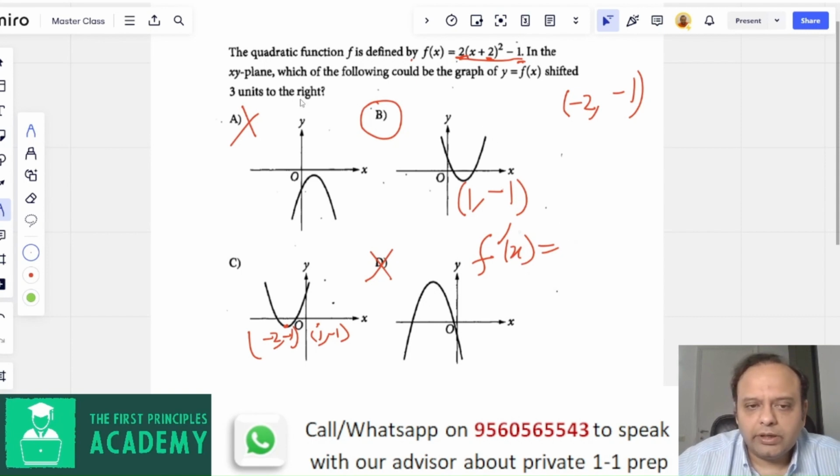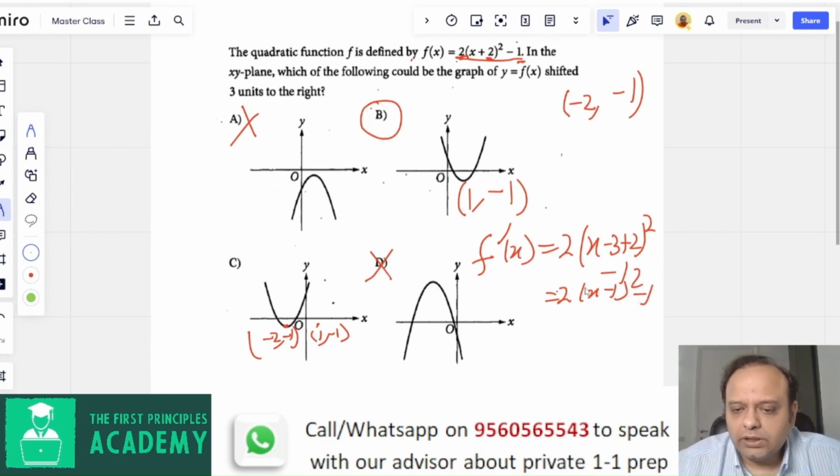And if you remember, if you want to shift a function 3 units to the right, you're basically going to do x minus 3, right? So this would have become 2 times x minus 3 plus 2 whole square minus 1. Everything else remains the same. This resolves to 2 times x minus 1 whole square minus 1.